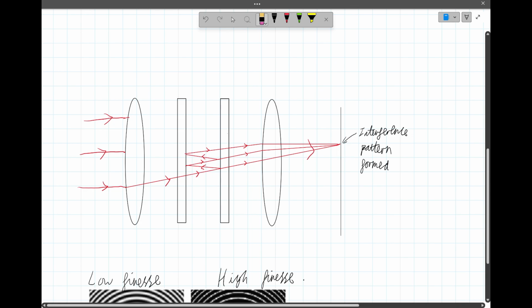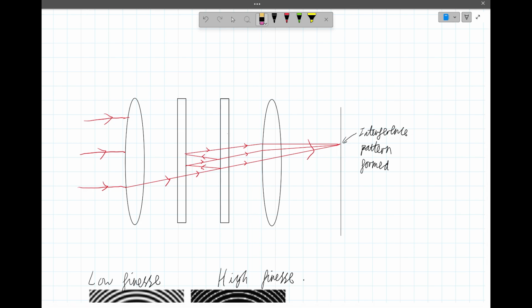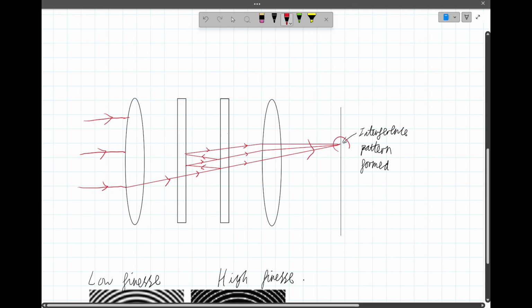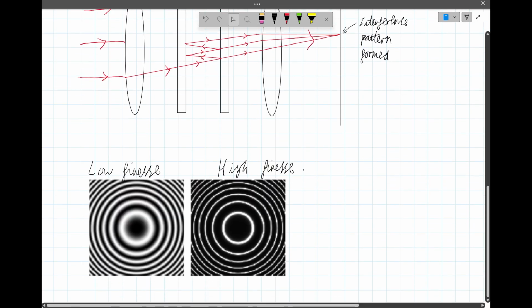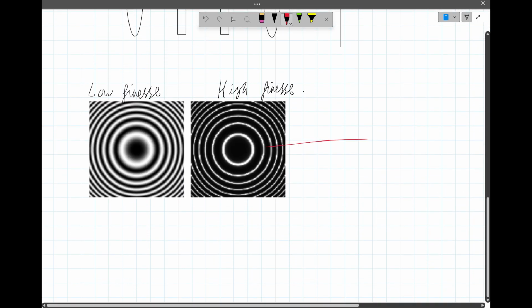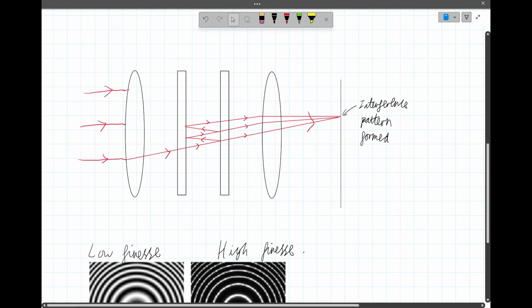So they would have a high resonance, which means that all the waves that rejoin here would be pretty much in phase, right? And this is what the interference pattern would look like. It would have a high finesse.